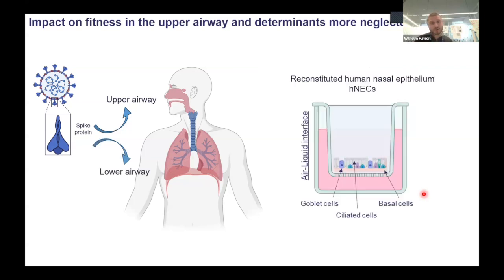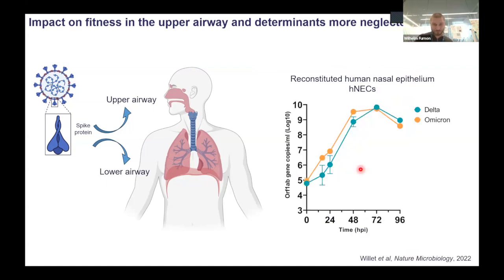So for that, we use reconstituted human nasal epithelium, where you can use air-liquid interface cultures to recapitulate the human epithelium in the nasal cavity, with a mixed cell population at the air-liquid interface. And this is a very good model, and I think a very good proxy to look at those questions.